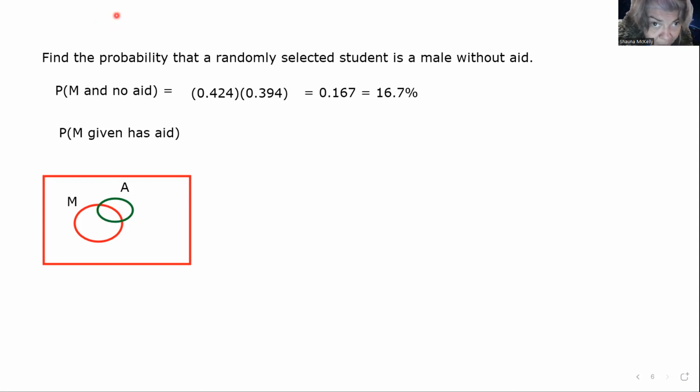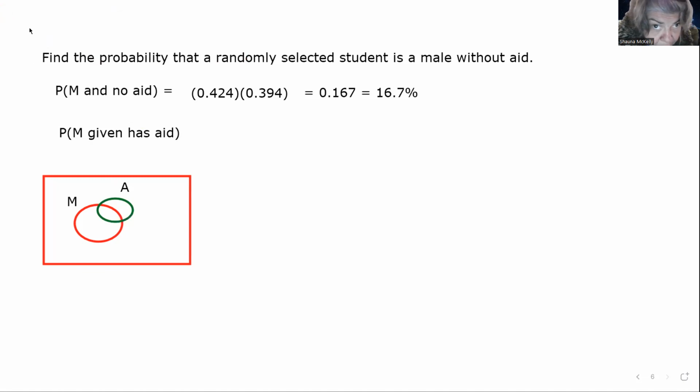This overlapping crescent, let me use blue. Okay, let me switch this out.